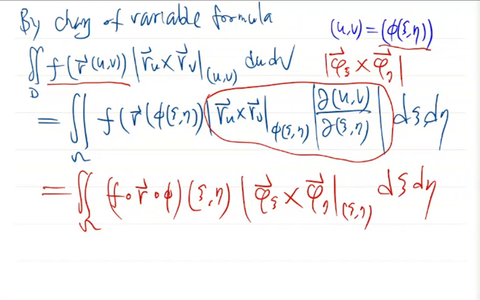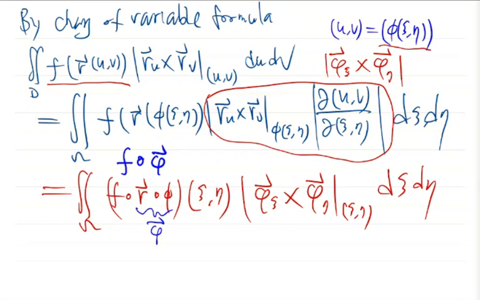But this is just f, because the composition of R and phi is our parametrization phi.